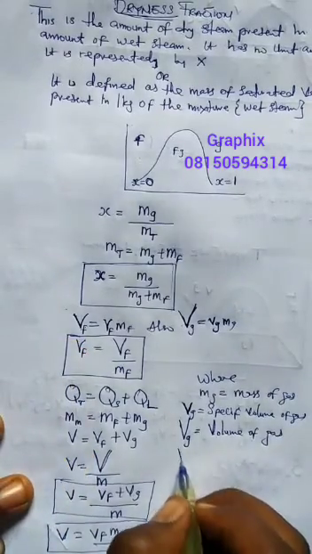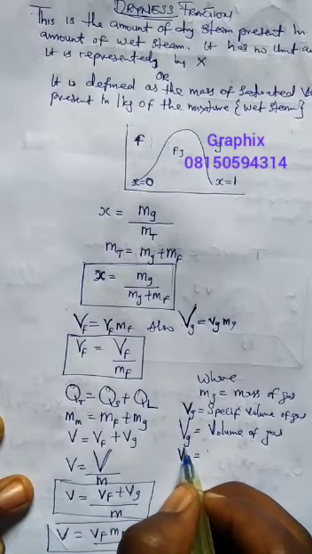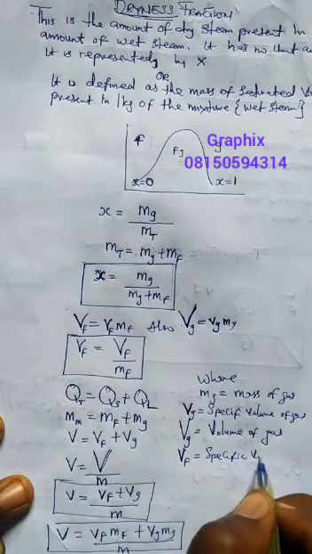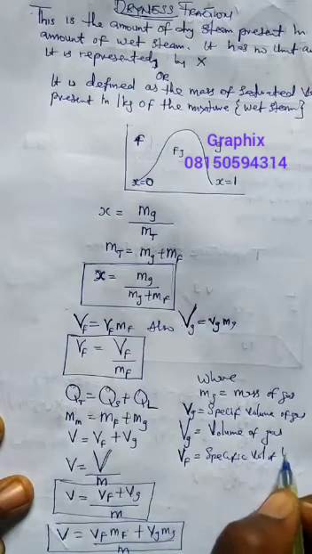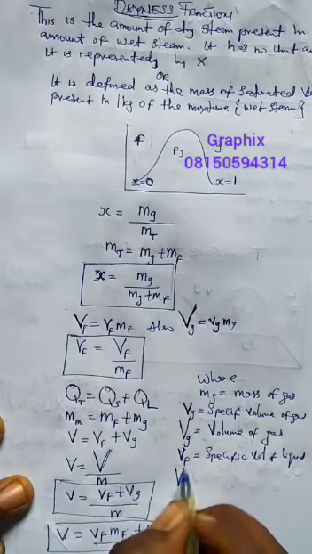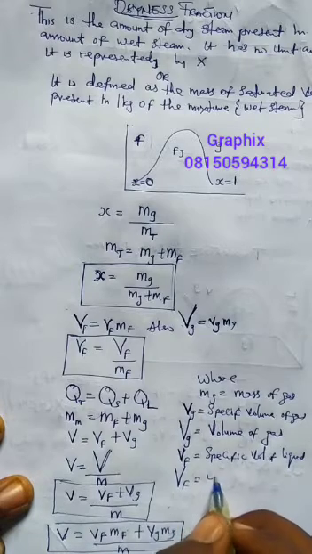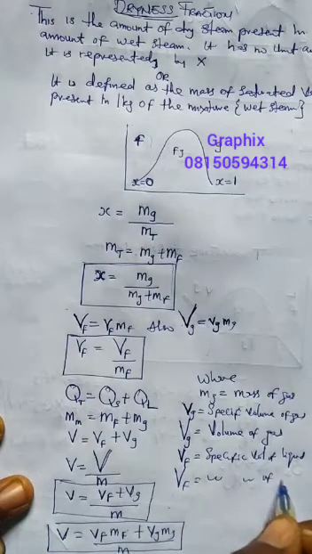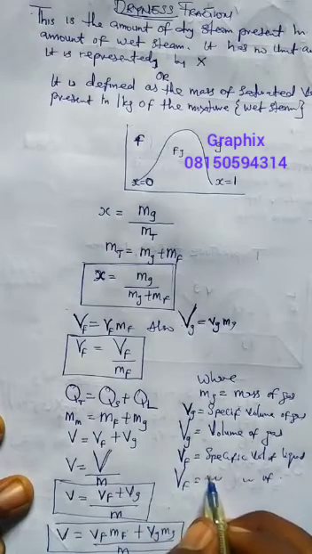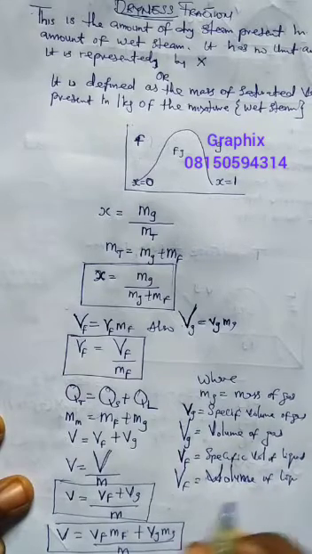And we have vf, the small v, which is the specific volume of liquid. Then we have big Vf, which is in extensive form, which is the volume of liquid, so on and so forth.